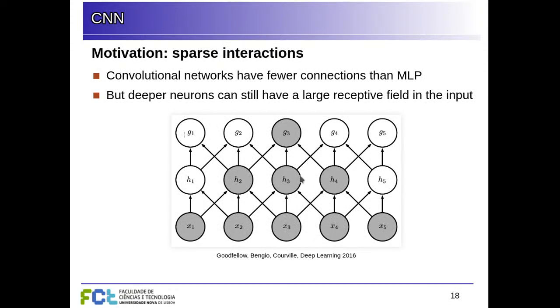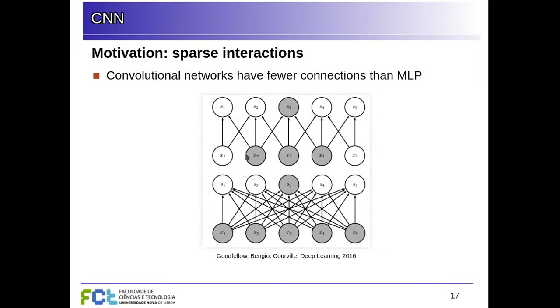This saves a lot of parameters in the weights. But note that the receptive field, which is the region on the input from which each neuron will receive information, each kernel will receive information, can be quite large when we stack these networks.